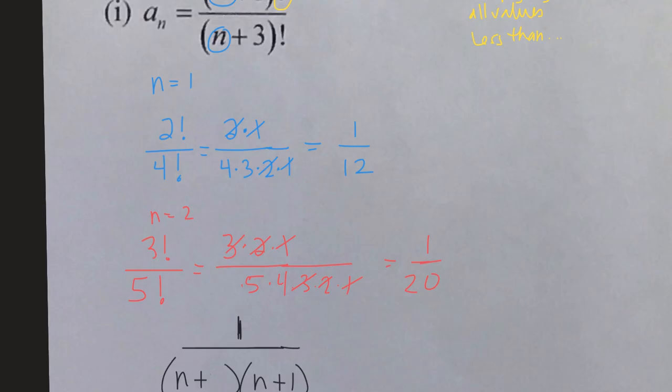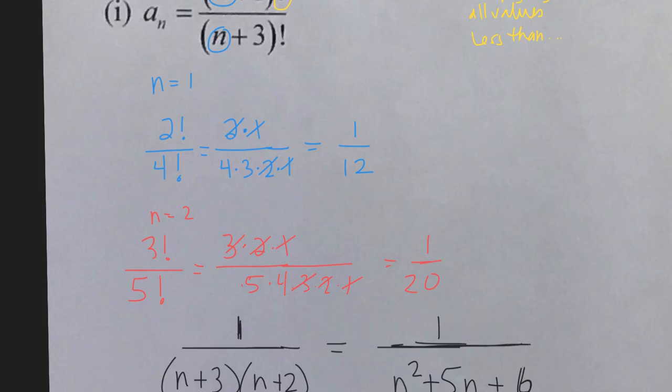N plus 3 and n plus 2. Right? So 4 is 2 more than 2, 5 is 3 more than 2, 3 is 2 more than 1, 4 is 3 more than 1. Okay, in other words, this is 1 over n squared plus 5n plus 6.